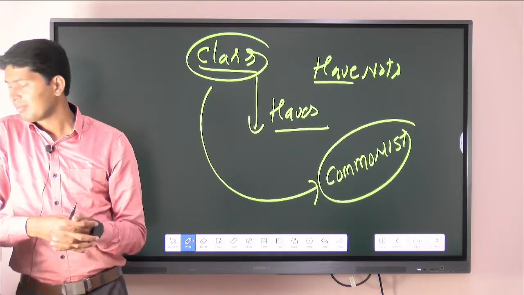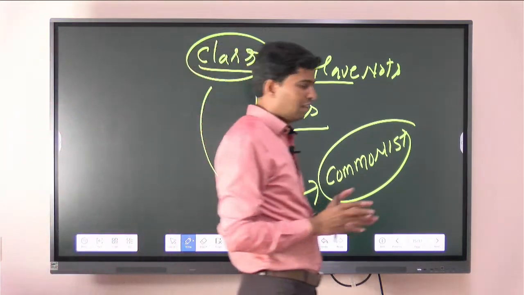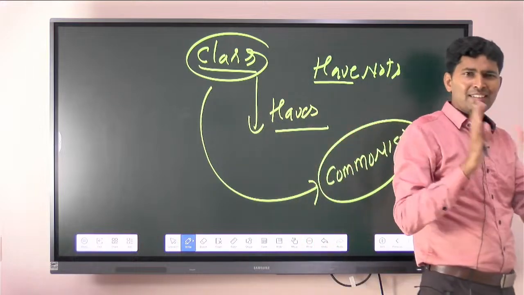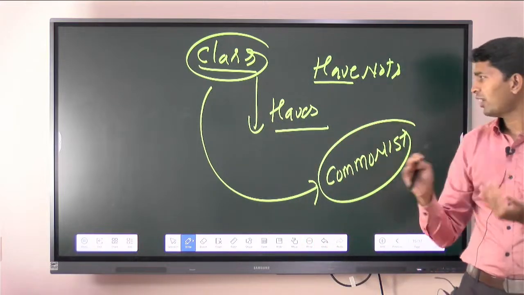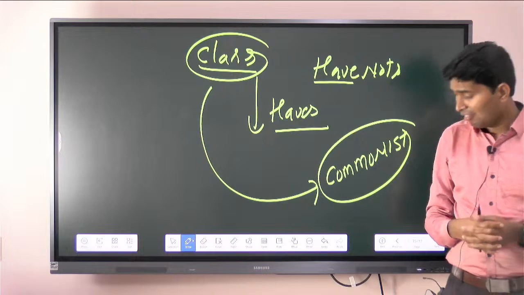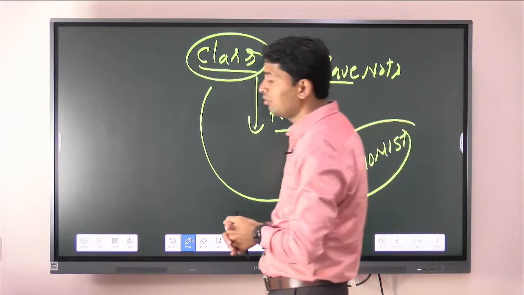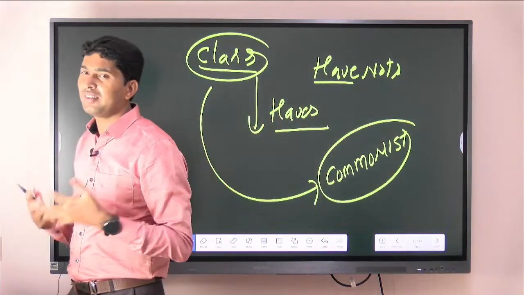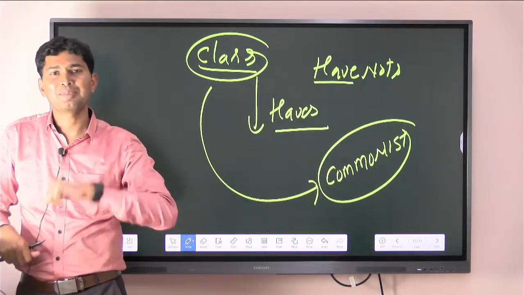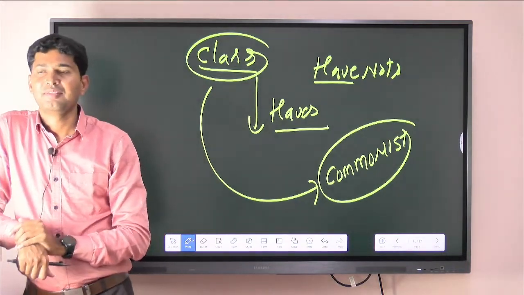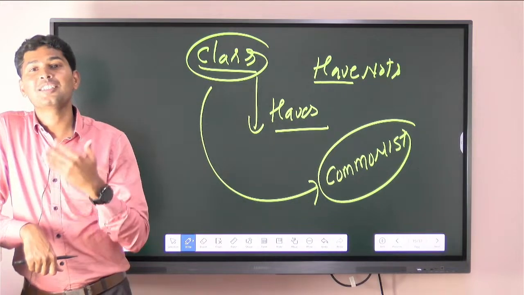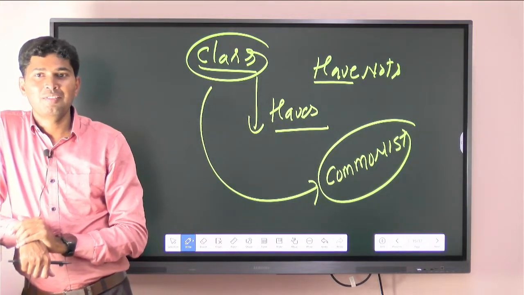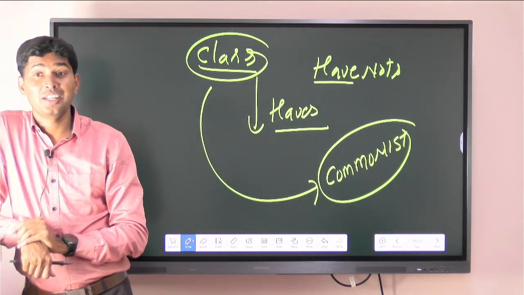Look at the relevance of classes right now. Maybe Karl Marx said it in difficult terms, but this is our way to understand class. When you go to a relative's house for a wedding, they do not respect us much. Why? They feel that we are economically low class compared to them. After clearing civil services, you go to their house.